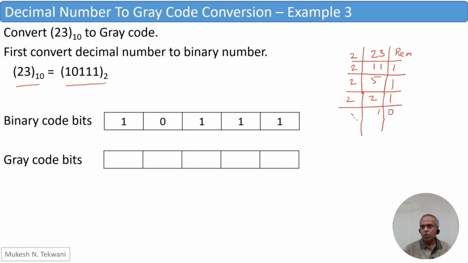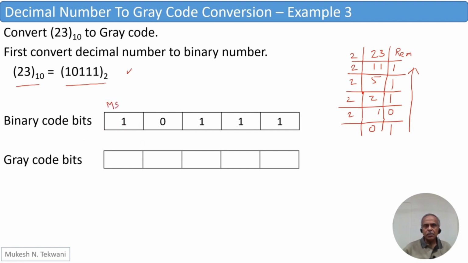And now 2, since the quotient here is less than 2, 0 times will be 0, and that gives us a remainder of 1. And now of course we take these remainders in the reverse order, and we have 23 of decimal is 10111.